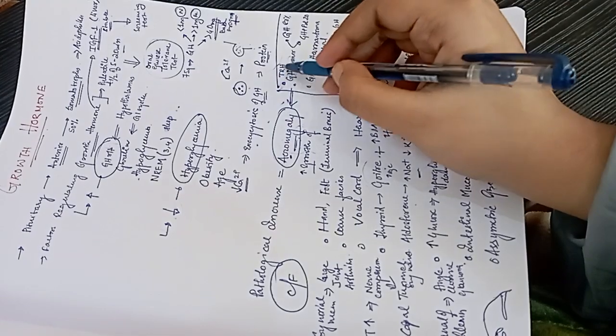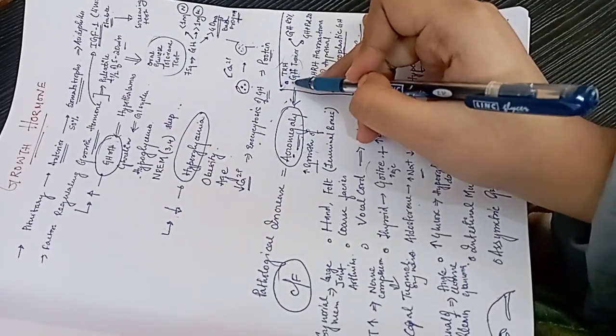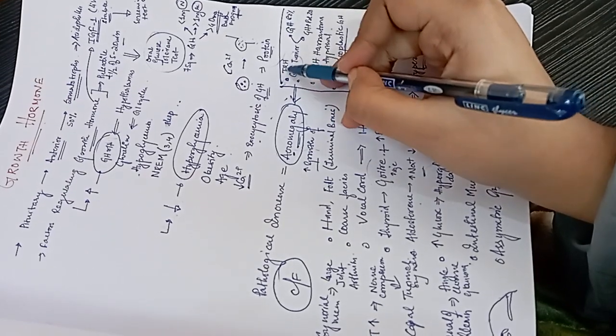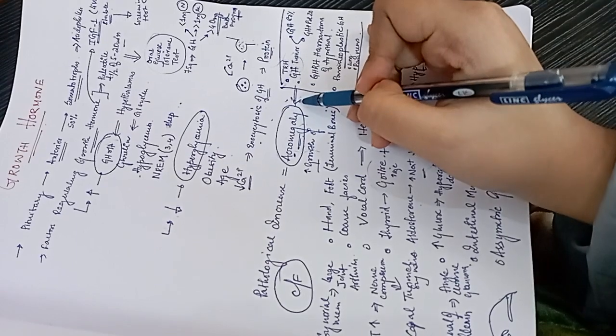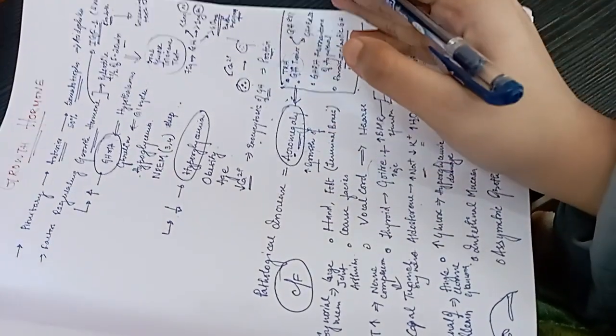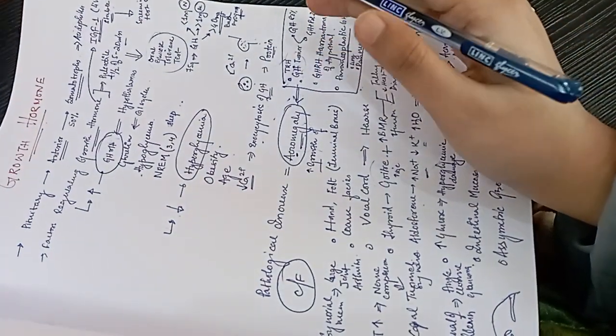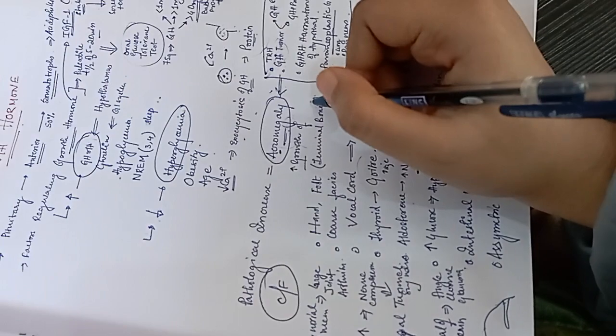So when can TRH be more? In hypothyroidism. In hypothyroidism, TRH is more, and that can stimulate growth hormone release and prolactin release, causing galactorrhea and anorexia nervosa.